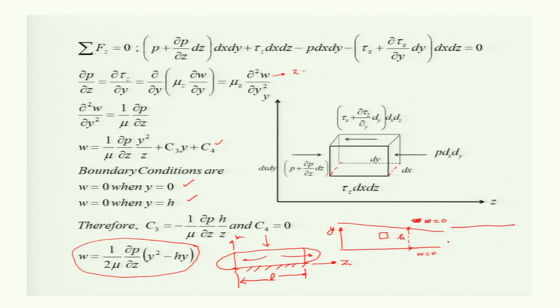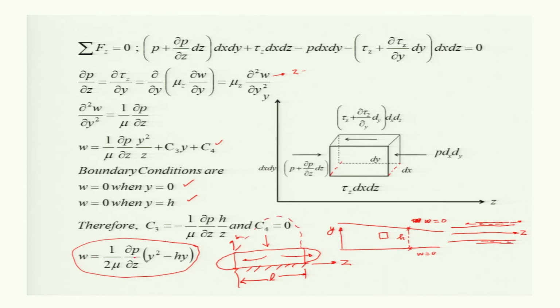The shaft is there, here is your bearing, this is the direction of z. The lubricant which is in between this will leak out from this direction and this direction with this velocity profile. But there will be a pressure gradient also, and that pressure gradient will be this one.